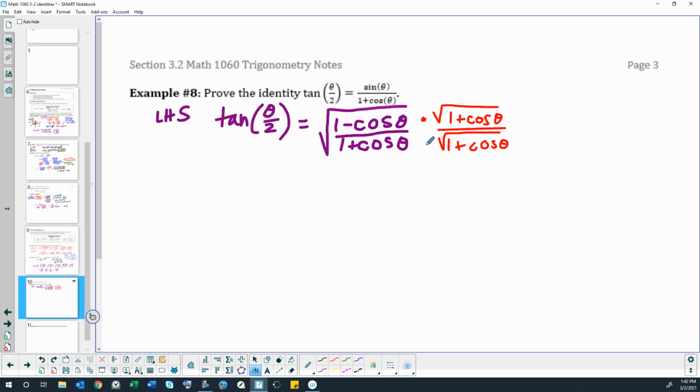Okay, so when I multiply that, I get a difference of squares in the numerator.